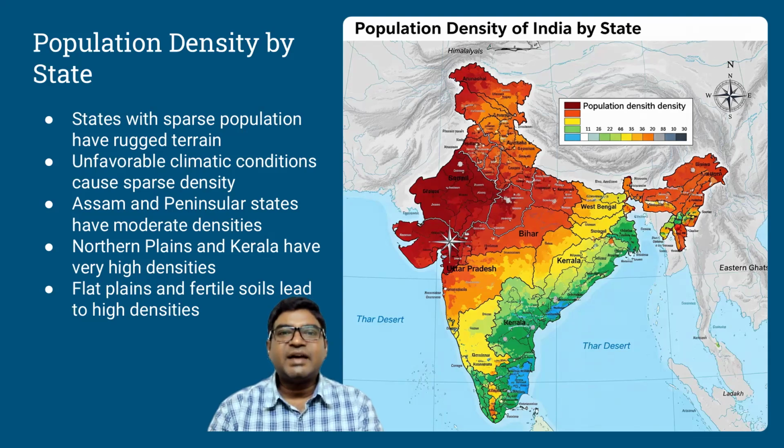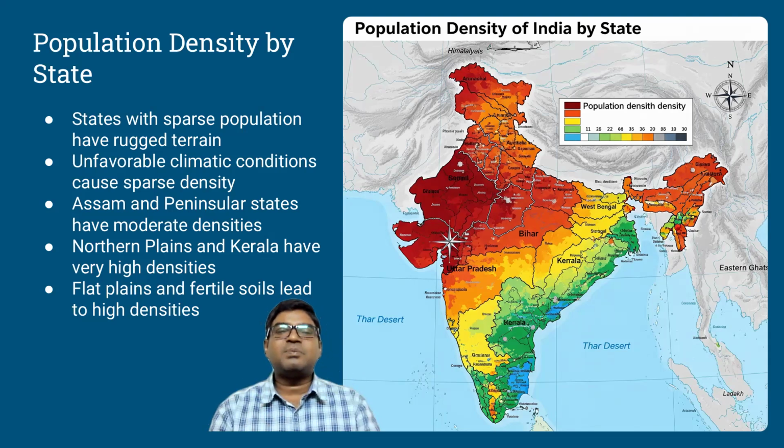So there are geographical factors which play an important role for a place to have a dense population. The availability of water, land, the type of the land, the climatic condition of the area, all these play an important role.